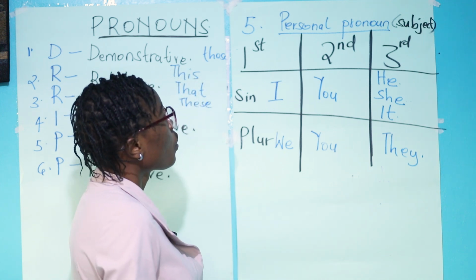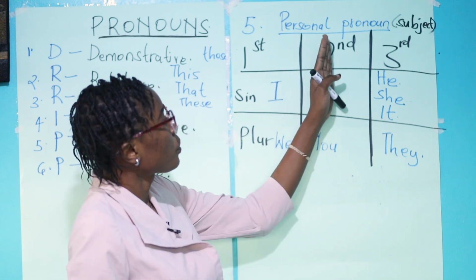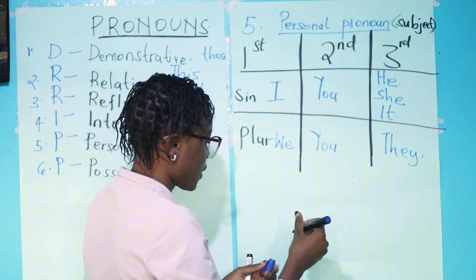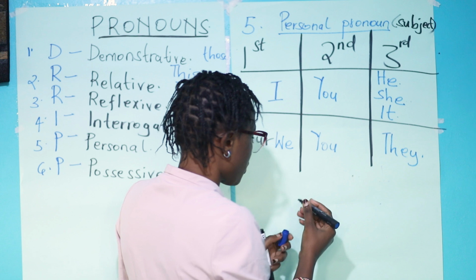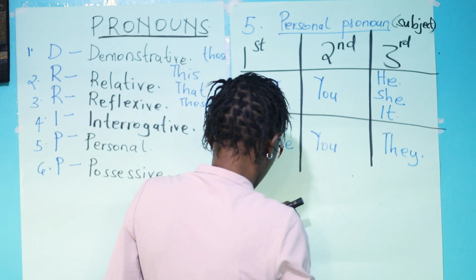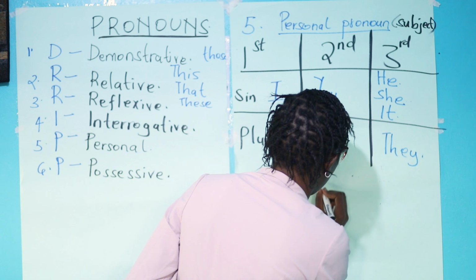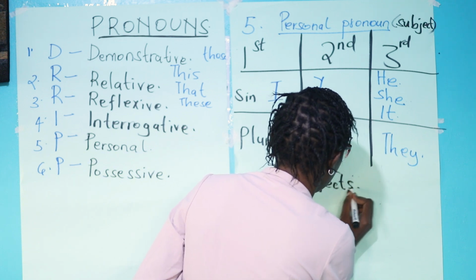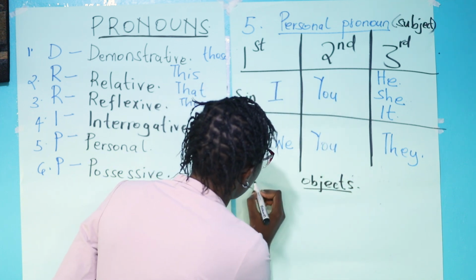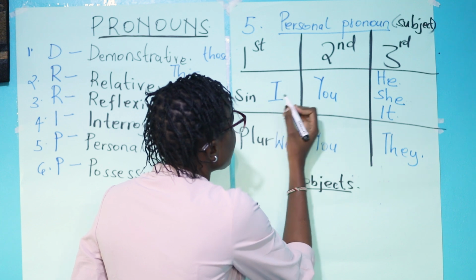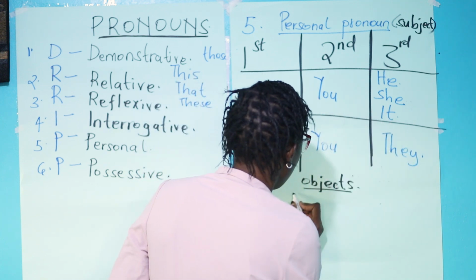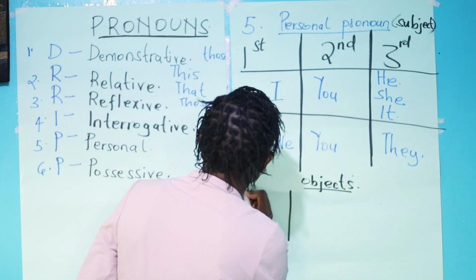And now we are going to look at personal pronoun under objects. Under object, we again have first person, second person, and third person. Let us draw our table.